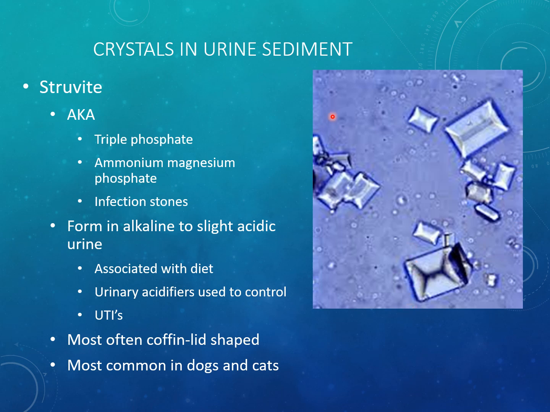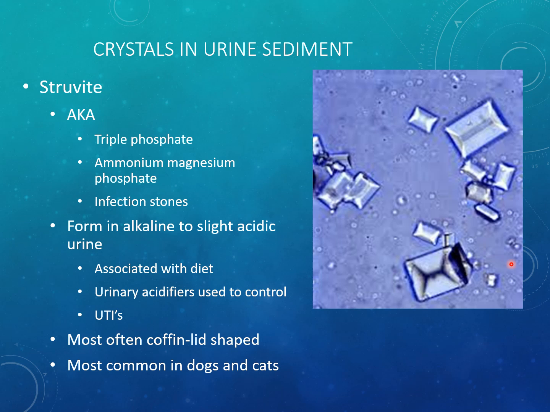These are called infection stones because they're usually associated with UTIs. They can be seen in normal urine in small numbers, but usually when we see a lot of them, it is due to either stone formation in the bladder or UTIs. They can be associated with diet, again, because some of the elements are magnesium and phosphate that make up these crystals. When it is associated with diet, we can use urine acidifiers to control it.